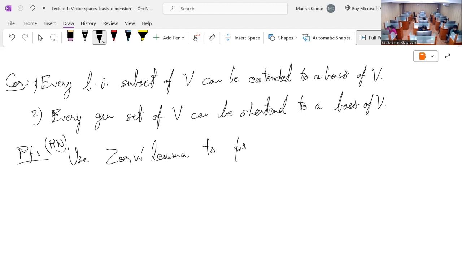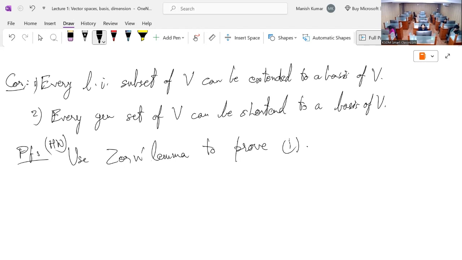Use Zorn's lemma to prove one, and once you have proved one, then two is basically a consequence of one and the previous theorem.